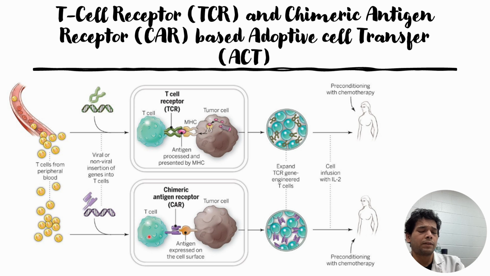So intracellular signaling can be only the activation of T cells using CD3 zeta, or it can also have a co-stimulatory domain. The two co-stimulatory domains that are commonly used are 4-1BB or CD28. Chimeric antigen receptors can be used with either one co-stimulatory domain, or both co-stimulatory domains can also be used.